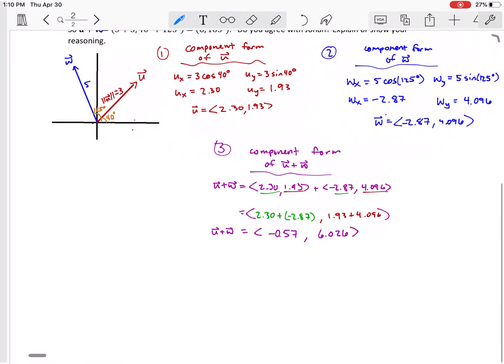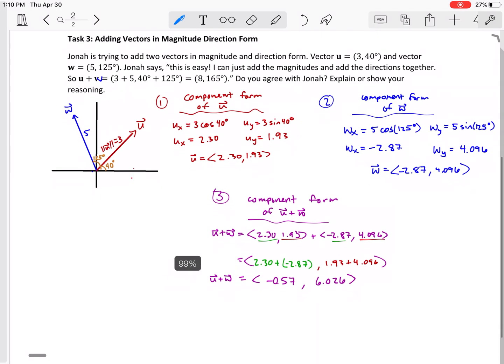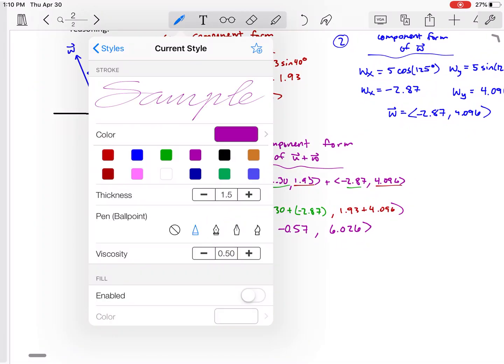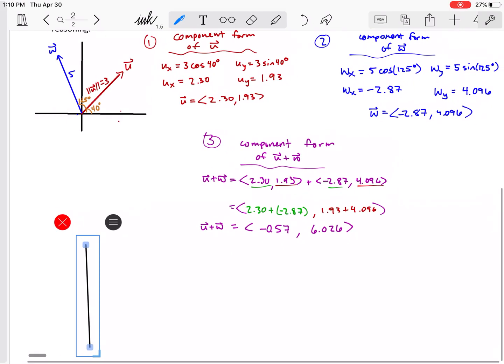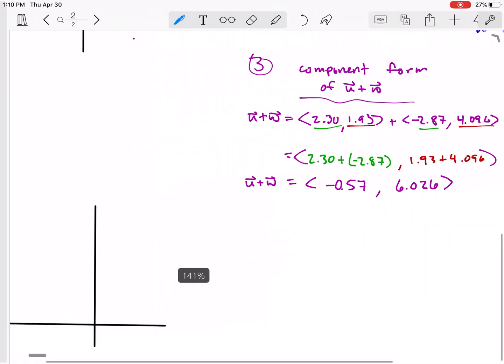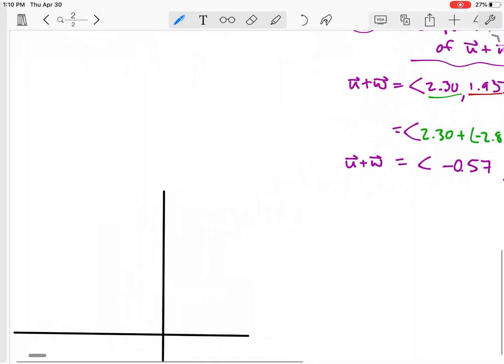But we want our answer to be in magnitude direction form. So now that we know the components, we'll convert to magnitude direction form. Just to give us a visual, let's draw this in a coordinate plane. That vector should end up in quadrant 2 because the horizontal component is negative and the vertical component is positive.